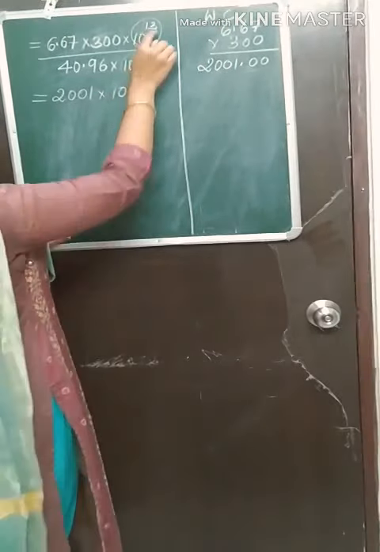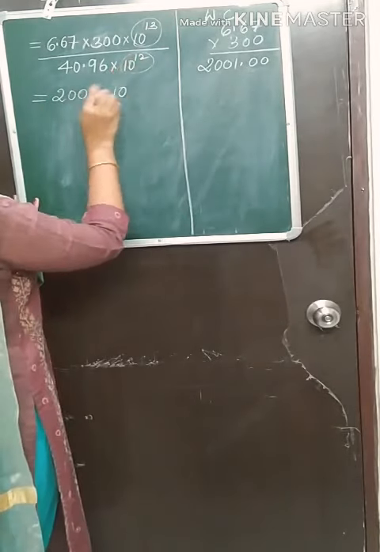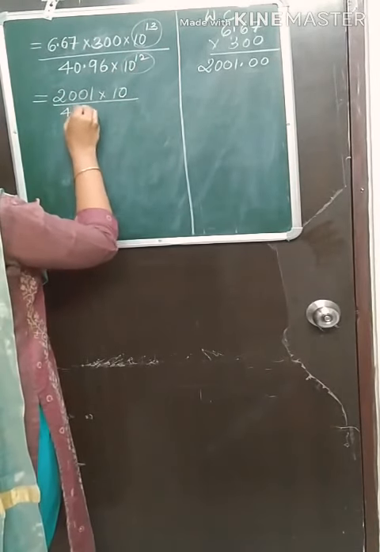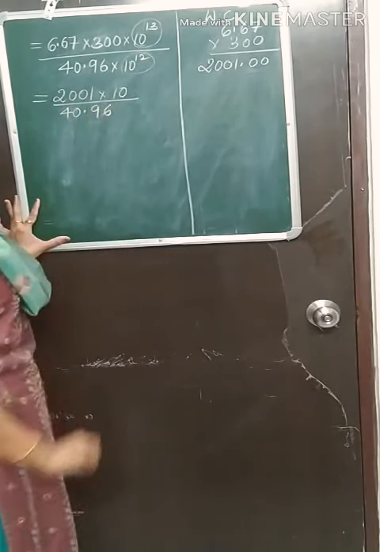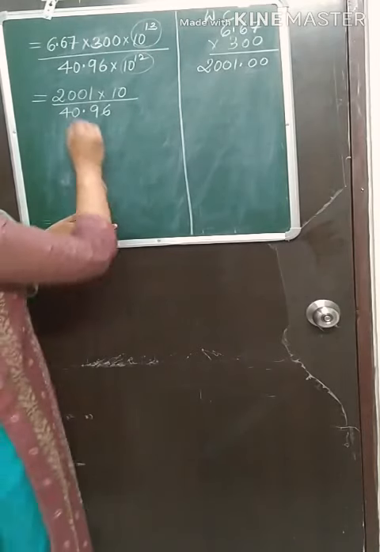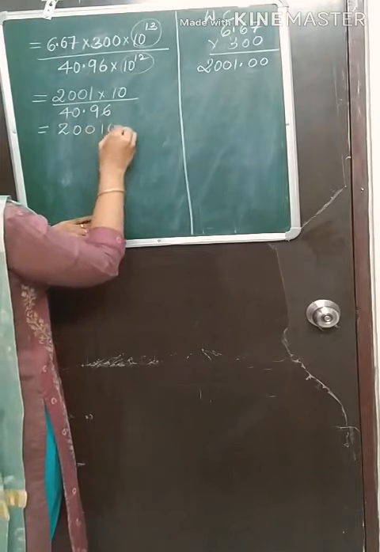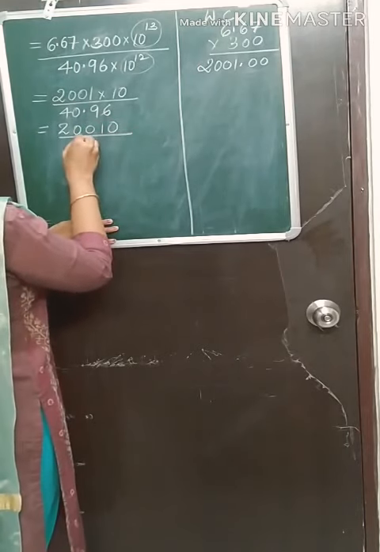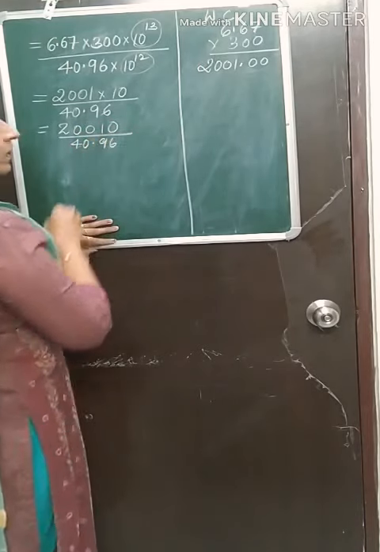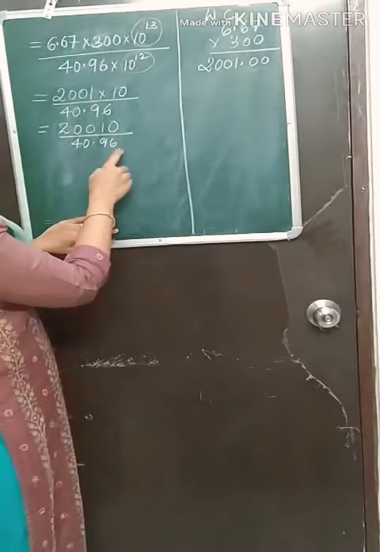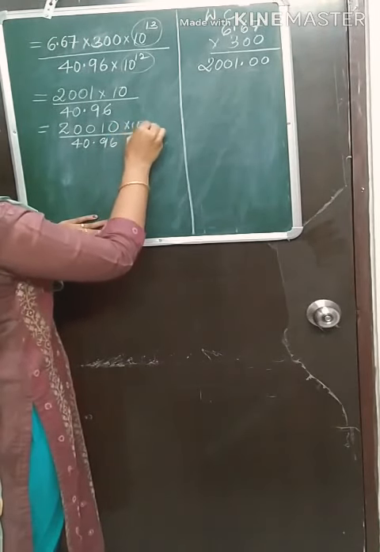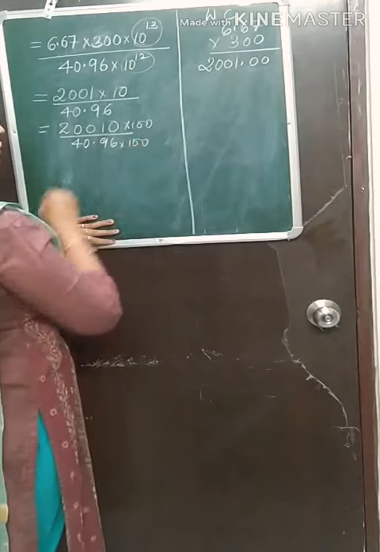How did this 10 come? 13 minus 12. So that 10 upon 40.96. 2001 into 10 will be 20010 upon 40.96. Now to remove these two decimal places, we multiply by 100 up and multiply by 100 down.